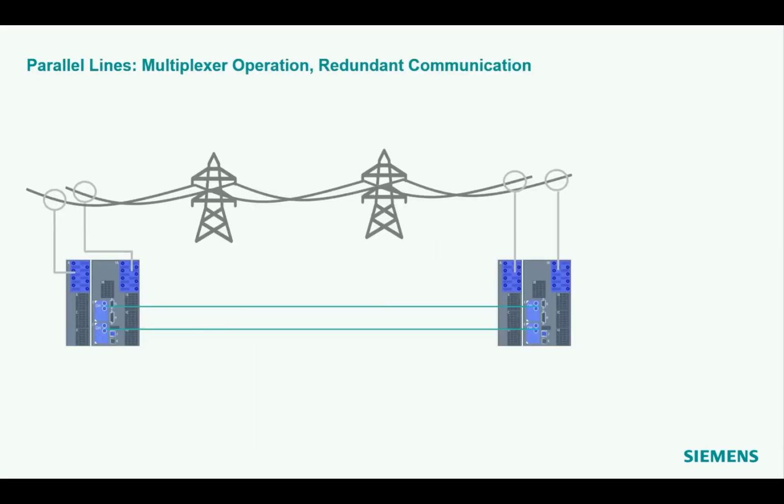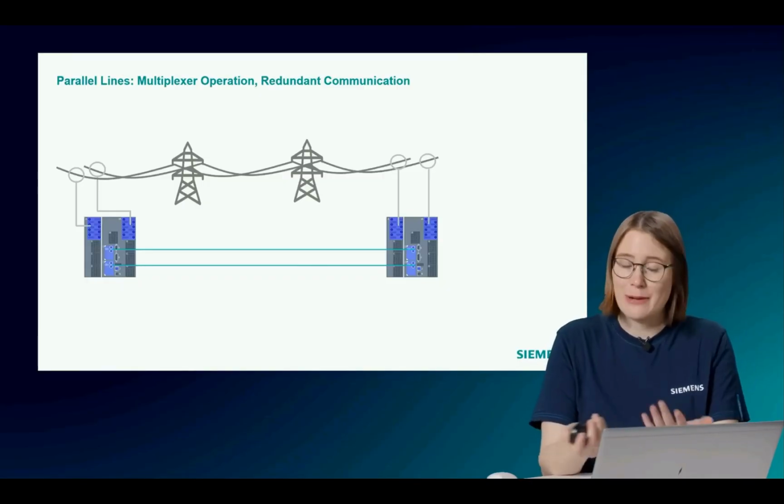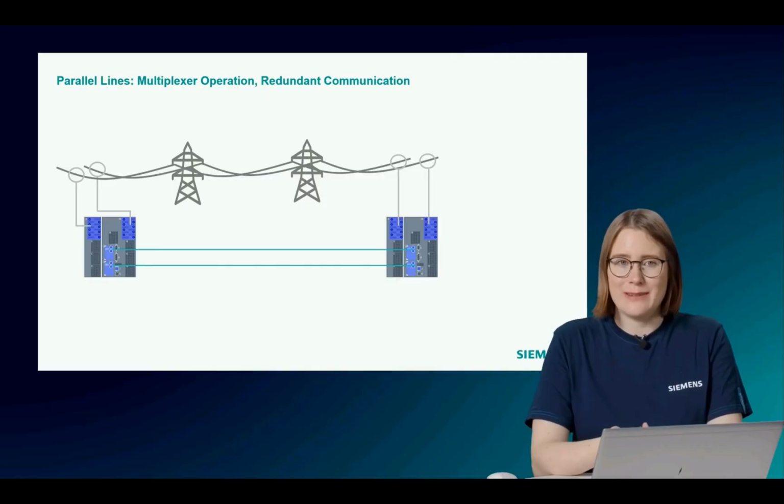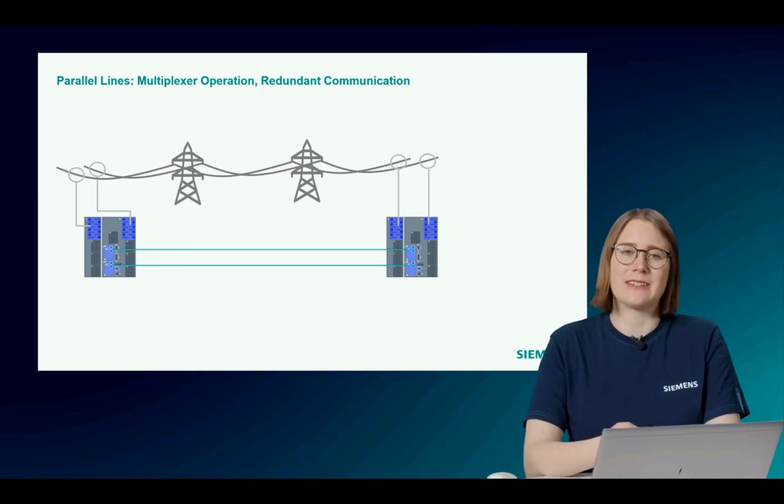So now we are getting a little bit more complex, of course. Here the idea is that we have a double line or parallel line where we have two lines and two devices to protect it. So we need two function group lines later on in our functional architecture.